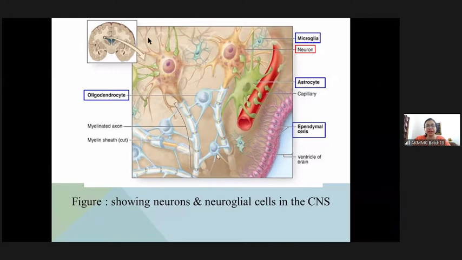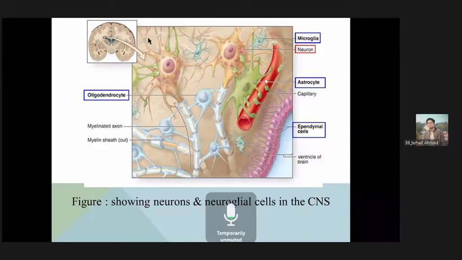They are supporting this neuron. This neuron is the functional cell of the nervous tissue, and it is surrounded by supporting cells. These cells are known as neuroglial cells. Okay. And what is this thing? Red tube. Artery.